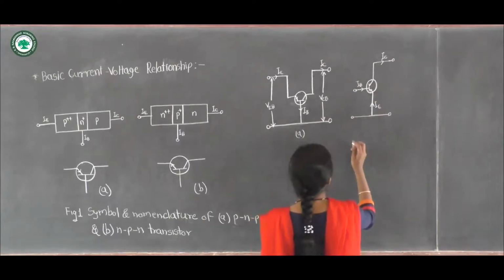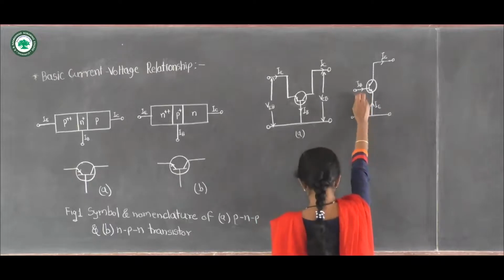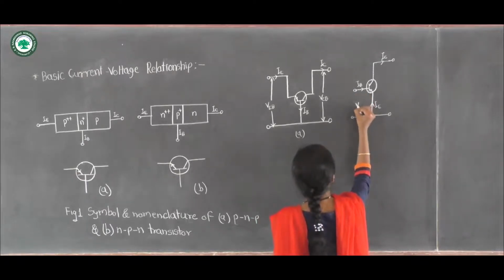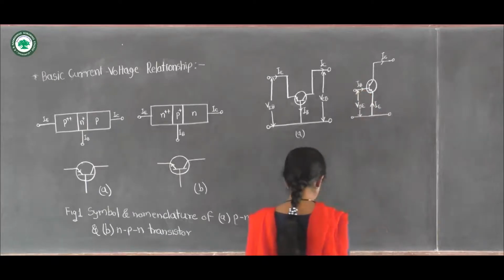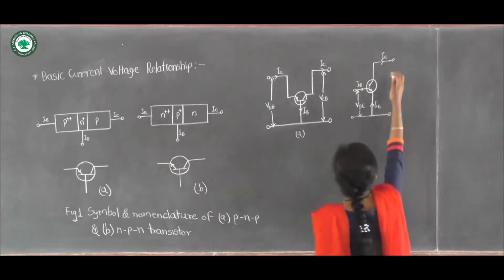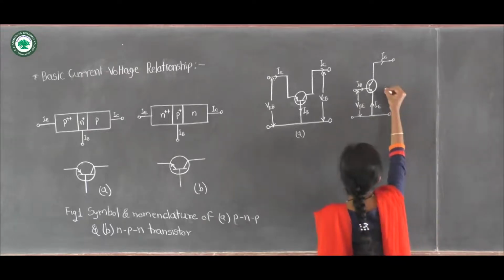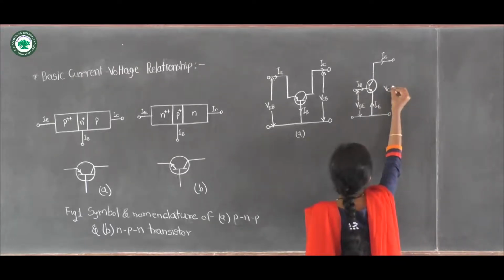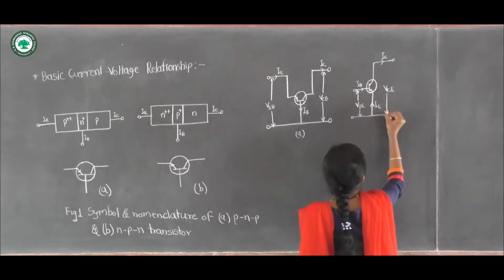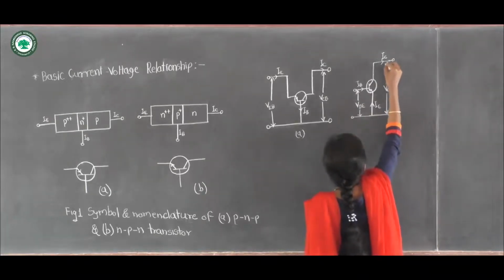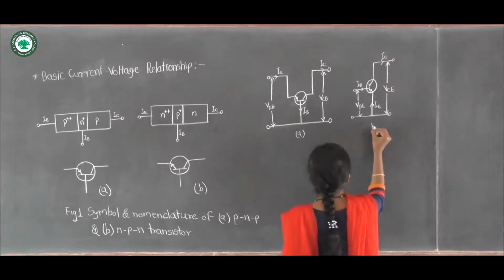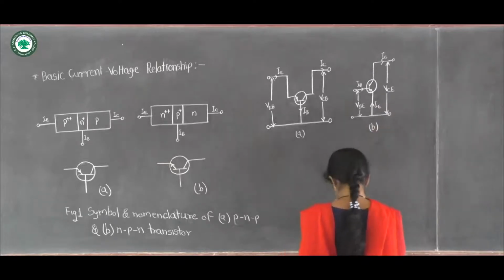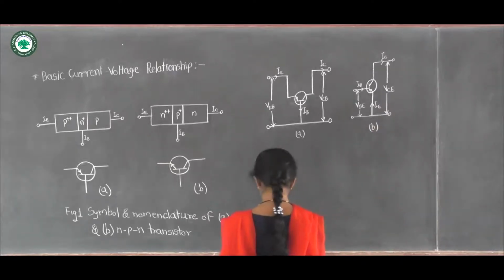Here the potential difference between base terminal and emitter terminal is given by VBE, and the potential difference between collector terminal and emitter terminal is given by VCE. So this is figure B.